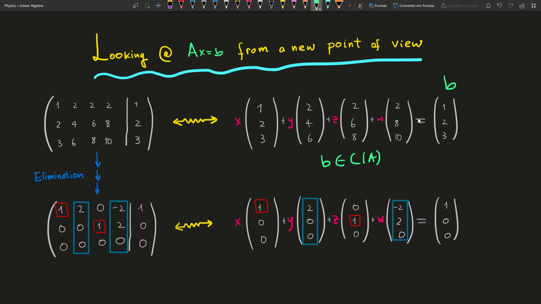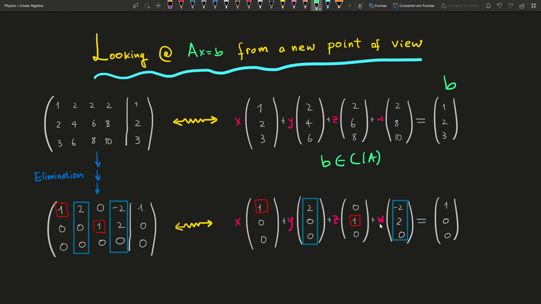If there is a solution to this system of equations, if there is an x that when multiplied by A gives me the vector b, then from this perspective, for that solution to exist, b must be within the column space of A. From this simplified system, the same observation can be made.